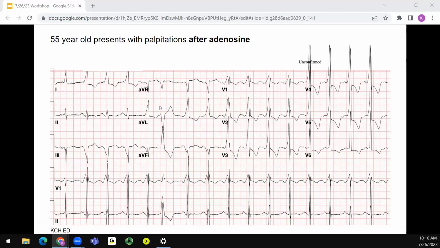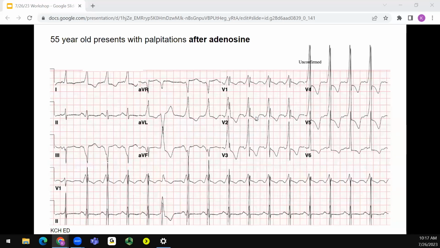Are there any P waves here? Are there any P waves here? Yeah, so this is sinus. All right, what's the eye-popping finding here? Someone says inversions, someone says depressions. Biphasic T waves. And you have tall R waves here in V1 through V3.